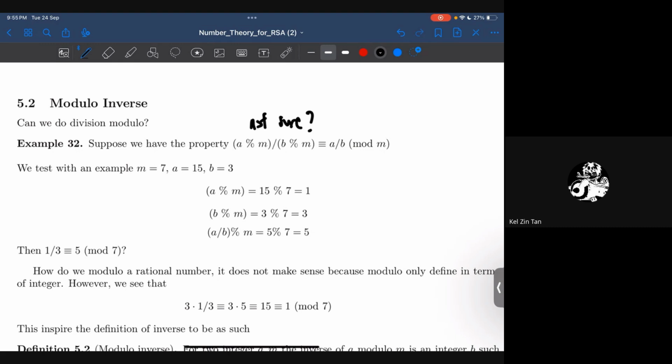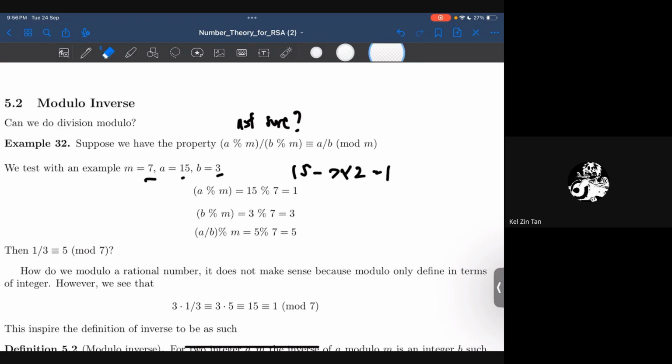Let's say we have m equal to 7, which is the modulo, and then a equal to 15 and b equal to 3. Then 15 modulo m will be 1, because 15 minus 7 times 2 is equal to 1. And 3 modulo 7 will just be 3, because you just write 3 as 3 minus 7 times 0.